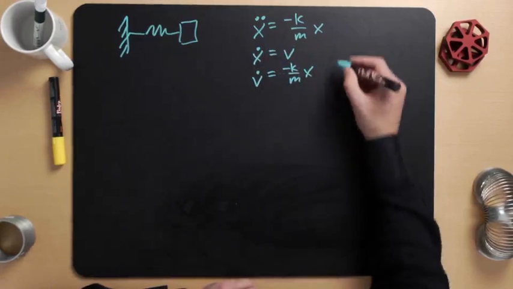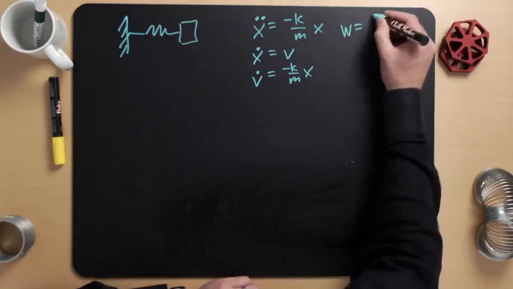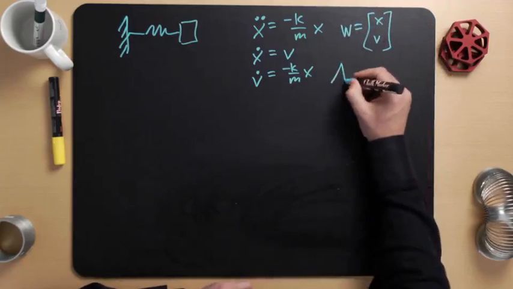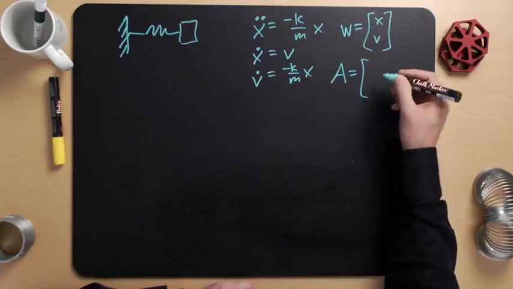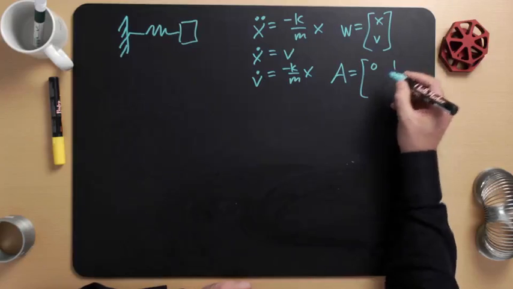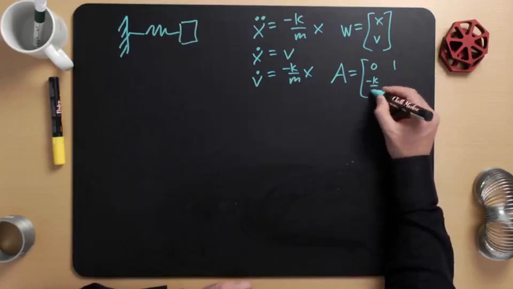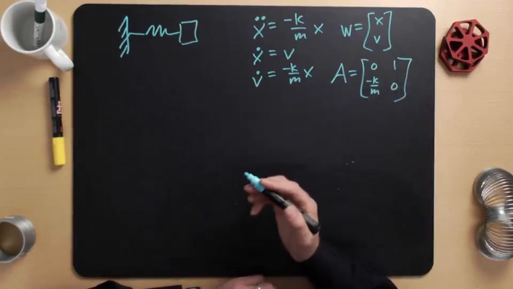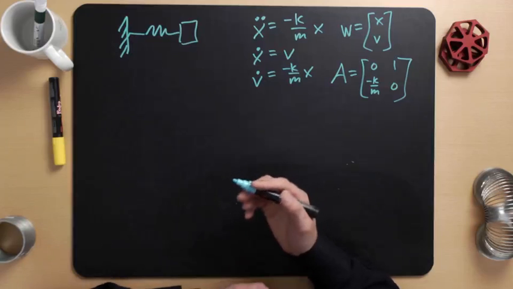Now if we set w is equal to the vector x, v, and if we set A is equal to the matrix 0, 1, and then minus k over m, 0, we get A times W that gives us the right-hand side of the differential equation.